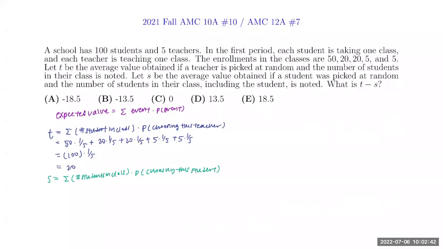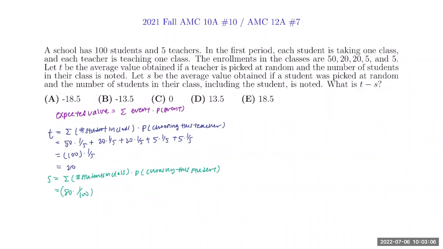So for example, in the first class, there are 50 students, and there is a 1/100th chance of choosing the first student in this class. And likewise for the second student, third student, all the way to the 50th student in this class. So for all these 50 students, the expected value is going to be 50 times 1/100.